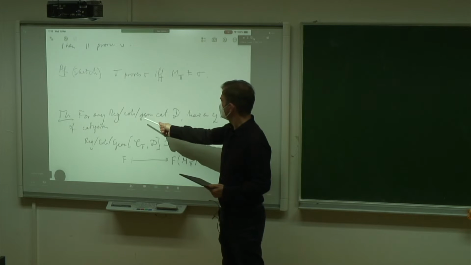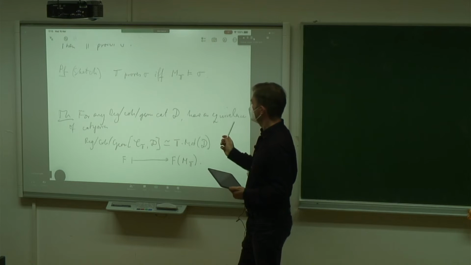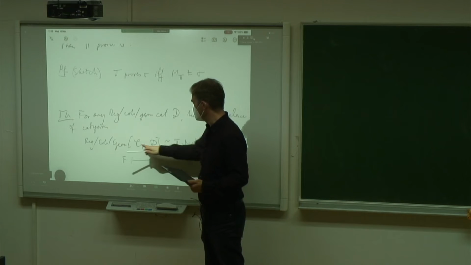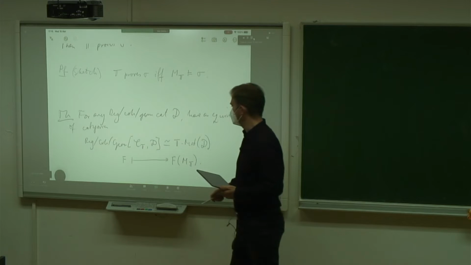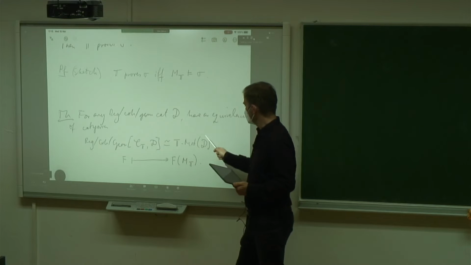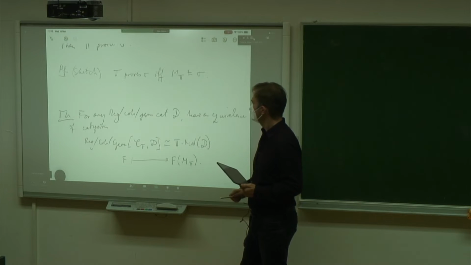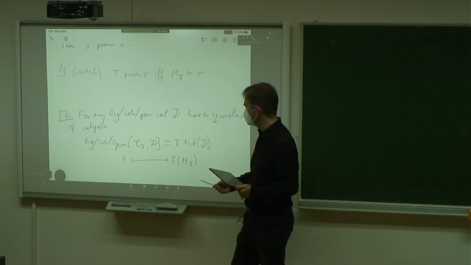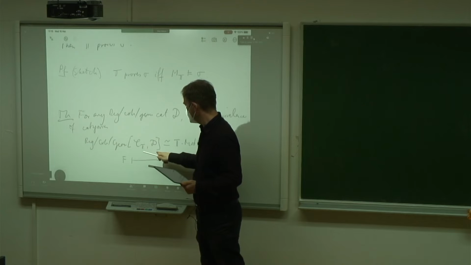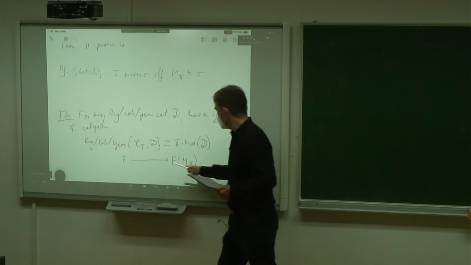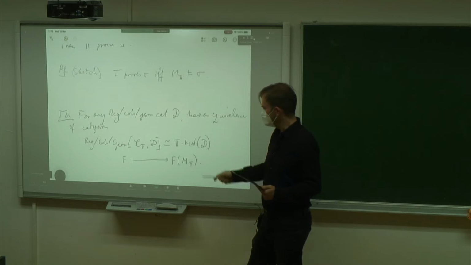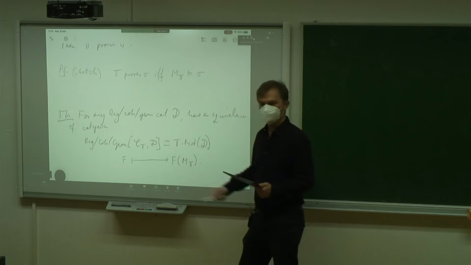For any regular, coherent or geometric category D, you have an equivalence of categories where you consider regular, coherent or geometric functors between the syntactic category and this D, and T models inside D. And the equivalence is realized by the functor taking, say, a geometric functor F between CT and D, and evaluating it on the generic model, and the statement is that every model is hit by one of these.